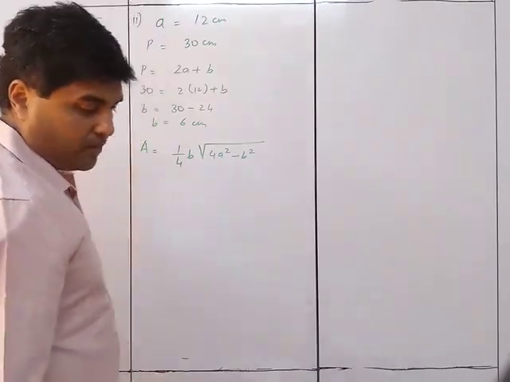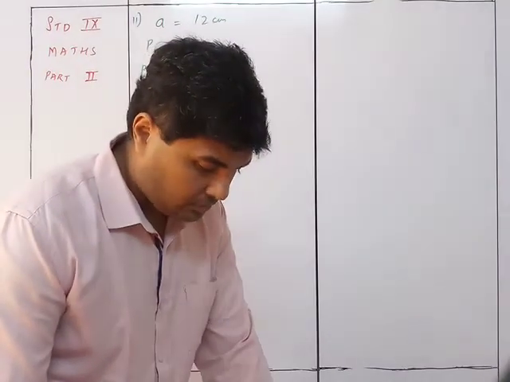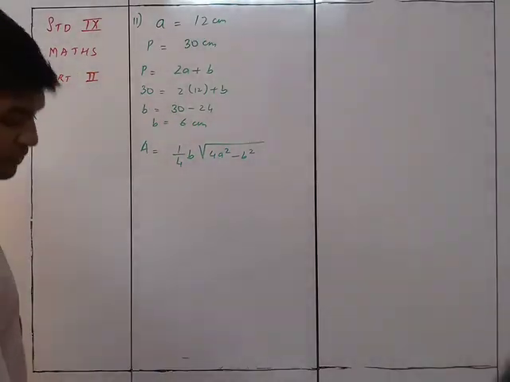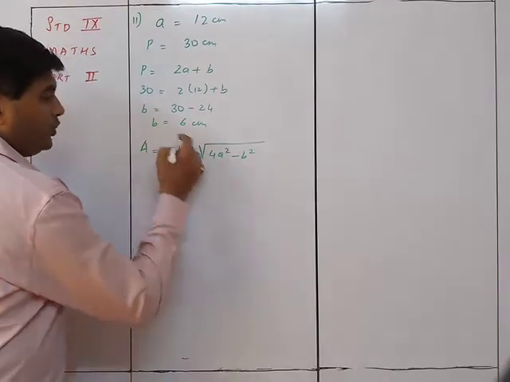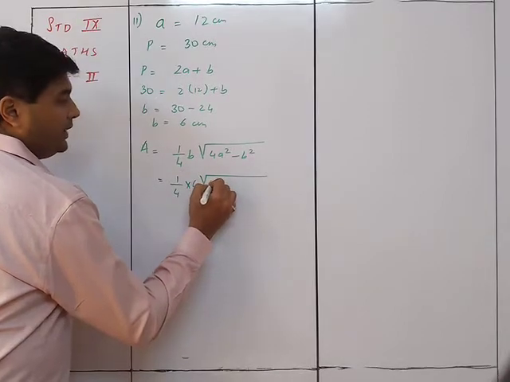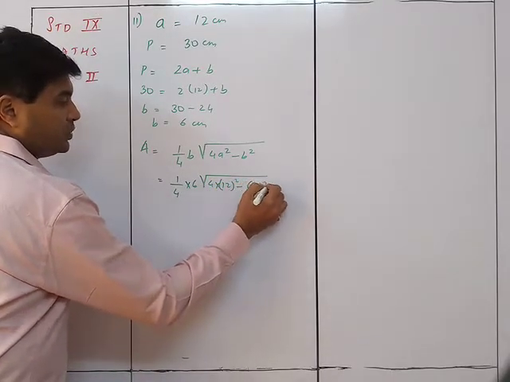So it is 1 upon 4 B square root of 4A square minus B square. That is going to be 1 upon 4 into 6 into root of 4 into 12 square minus 6 whole square.